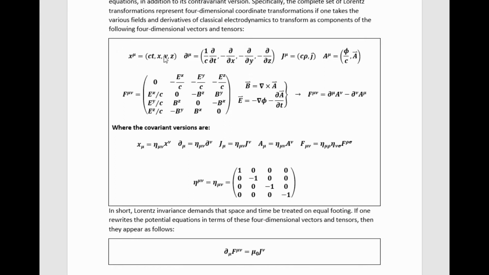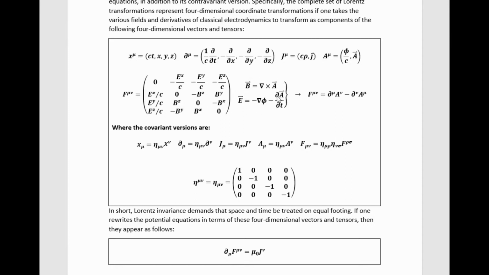The coordinates become a 4-vector, the derivatives become a 4-vector, the currents and charge become a 4-vector, the vector potential and scalar potential become a 4-vector, and the electric and magnetic fields fit together into a four-dimensional rank 2 antisymmetric tensor.